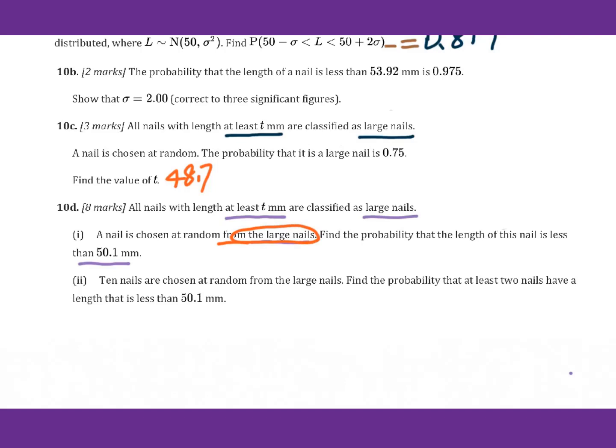Therefore, we're looking for: we already know t is 48.7, so t is greater than or equal to 48.7, and then we're looking for t less than 50.1.